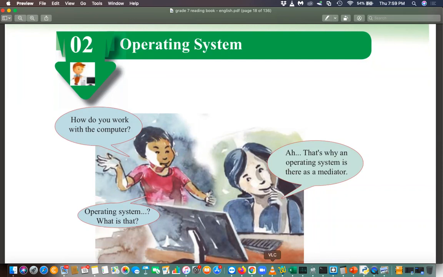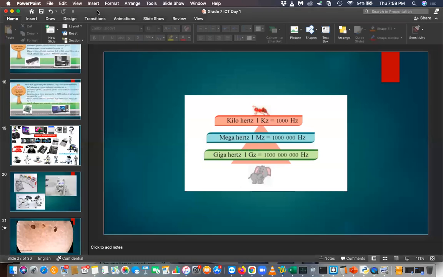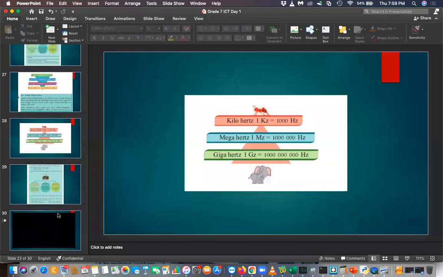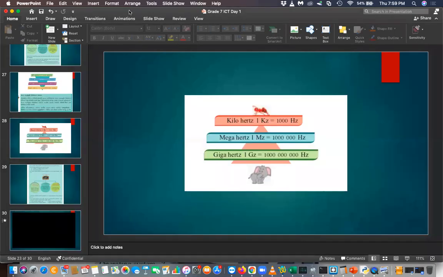Now I'm going to change my screen and show you the presentation. Who supported this? How have I changed? Actually, I have changed between two applications. The earlier version was PDF, one application, then I loaded another application.